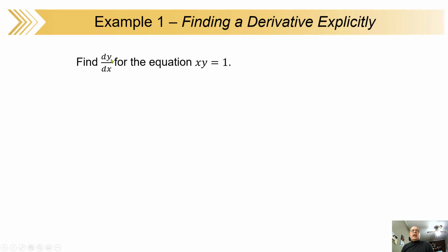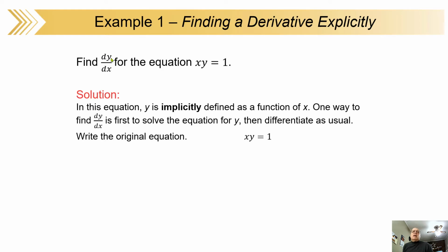Now, here's one that's not quite perfectly simple. It's sort of explicit and sort of not. Notice that on the left-hand side you've got xy instead of just y. However, you can do a little bit of a rewrite, and there's your equation, explicitly in terms of x.